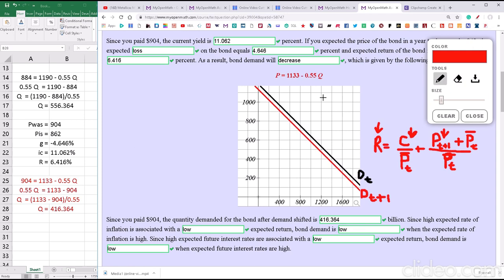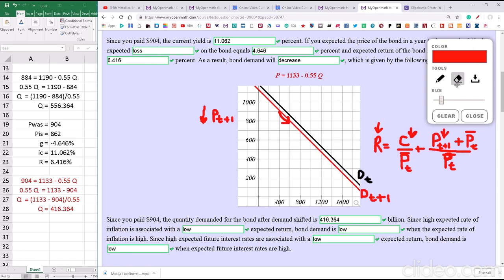So if we expect the future price to fall, remember, interest rates are negatively correlated with prices.